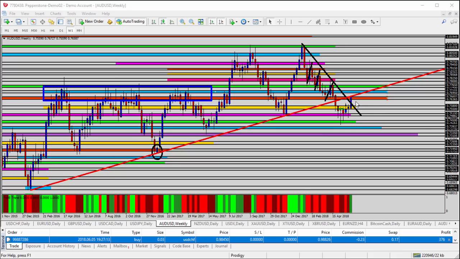Another feature I want to point out here is this area that we're coming into between, let's call it the mid 76s, 76.50 up to 77.50. I've highlighted it back in history with this blue box. Take a look here. For several months, going from early 2016 into early 2017, we found significant resistance.